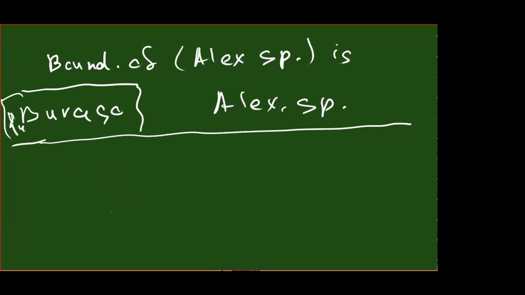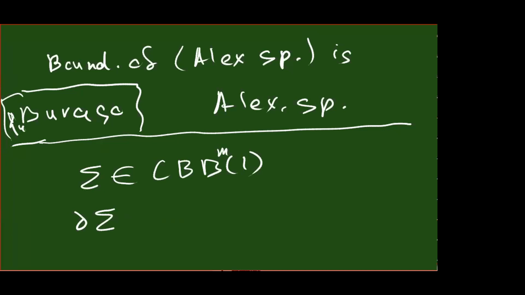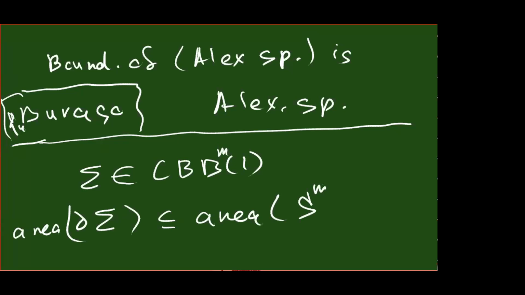Until it's proved, any partial result is interesting, any corollary of the statement is interesting. One corollary of the statement: if Sigma has curvature bounded below by 1, and dimension m, then the boundary of Sigma has area less than the area of the (m-1)-dimensional sphere.